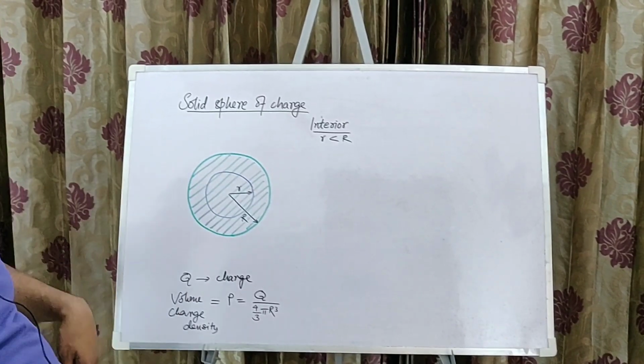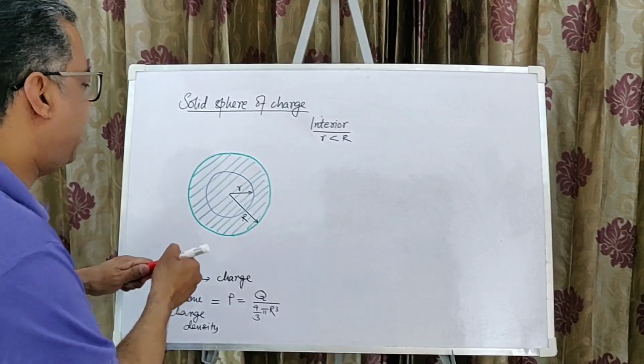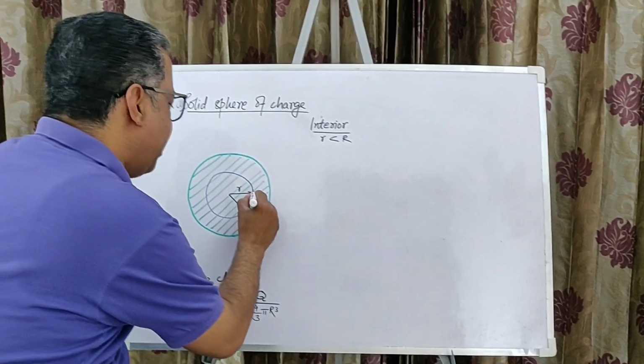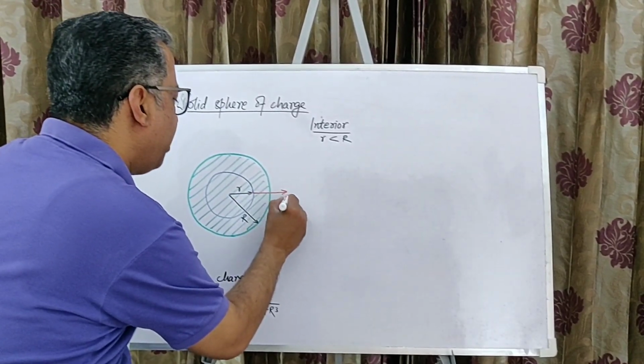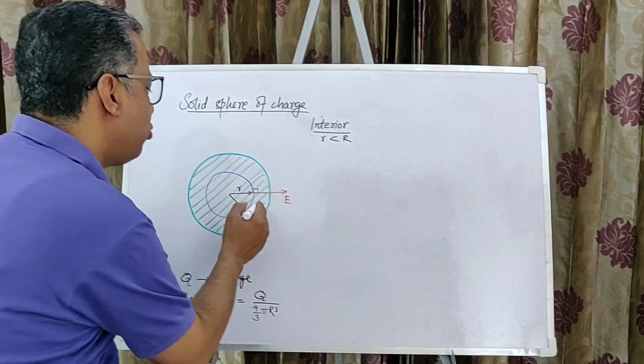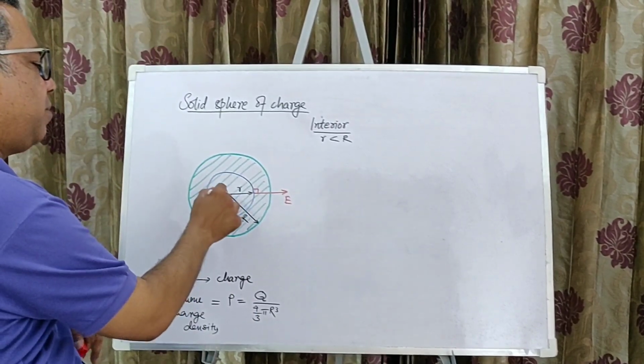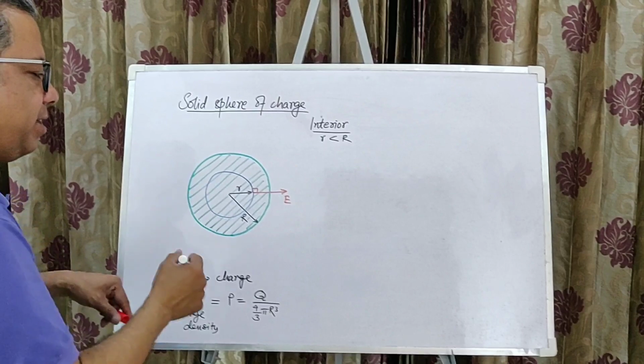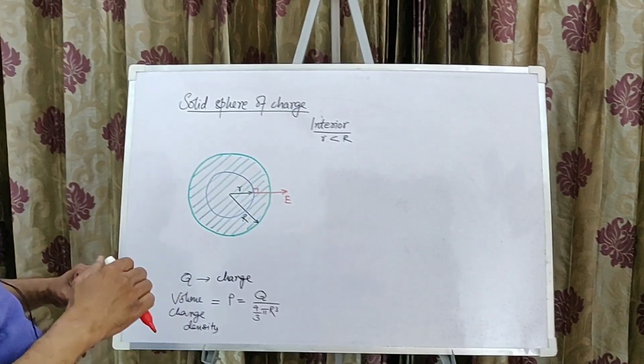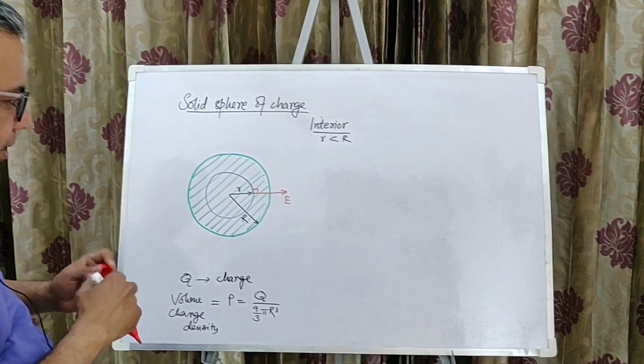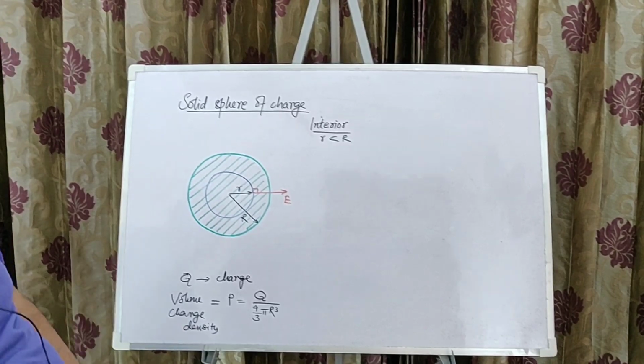This is our Gaussian surface, and the electric field is directed normally at all points, and must have the same magnitude because all points have the same distance from the center, all points are identical, and therefore the field is the same everywhere.